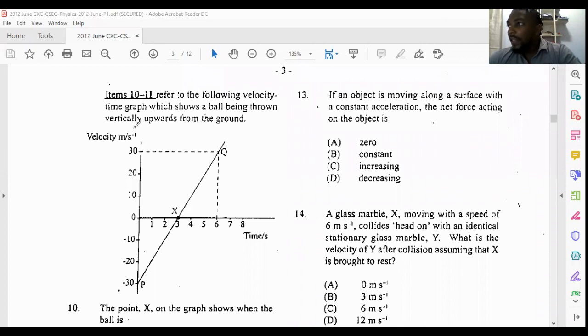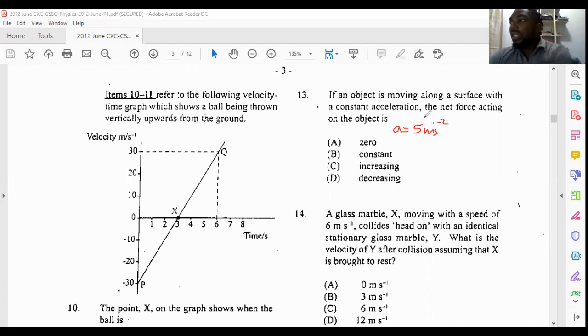If an object is moving along a surface with a constant acceleration, it means that the acceleration is some value. Let's say it is 5 meters per second squared. Good? It is constant. That doesn't mean that the acceleration is zero. That is the mistake a lot of people make when we say acceleration is constant. Zero means that it is not accelerating at all.